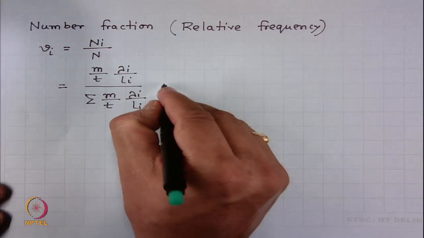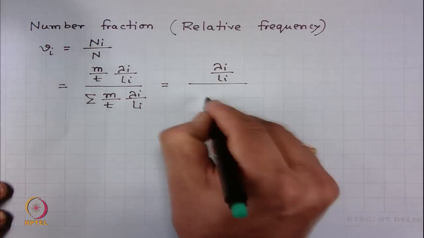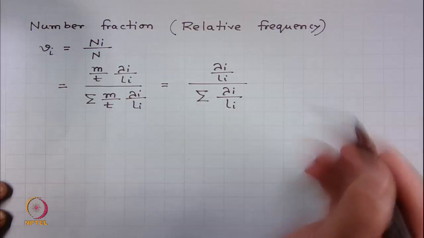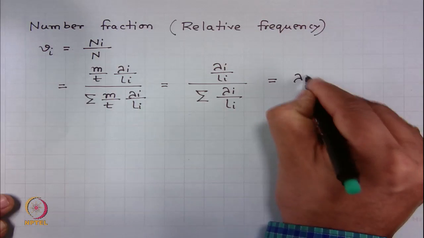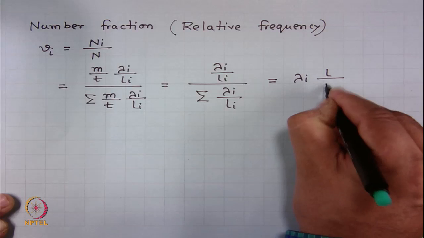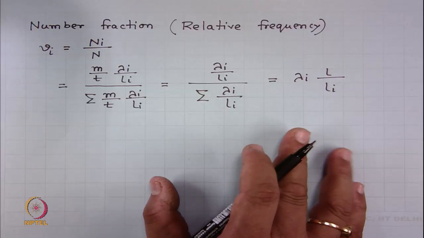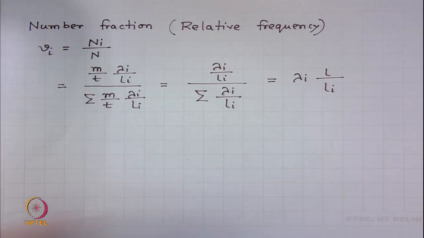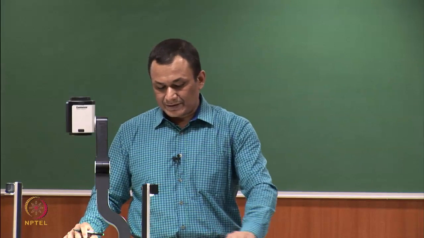This m by t can be cancelled, so lambda I by Li. If we substitute lambda I, L by Li. So, in this way we obtain the number fraction, relative frequency of fibers in the blend.